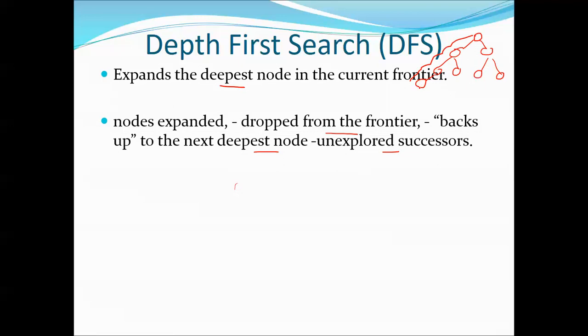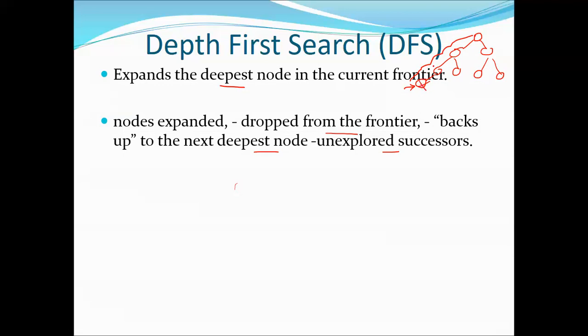It checks whether this is a goal state or not. This is not a goal state. When it expands this, it understands that this node does not have any child. If this is not the goal state, then it will be removed from memory because it is no longer required.